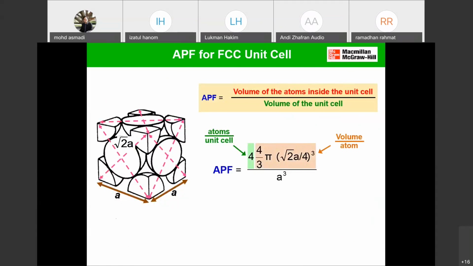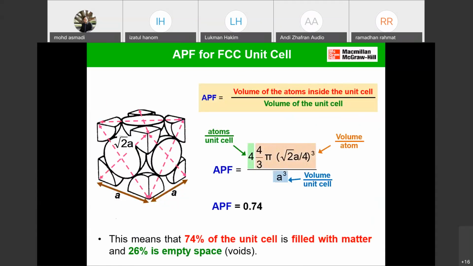Just substitute into the equation the volume of the atoms and the volume of the unit cell. So APF equals 0.74. This means that 74% of the unit cell is filled with metal and 26% is empty space. So this is how you verify. Just refer to that.